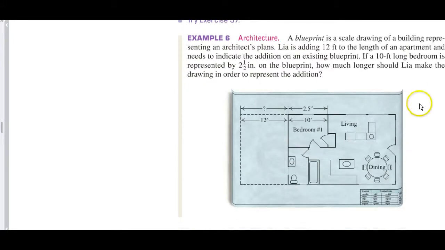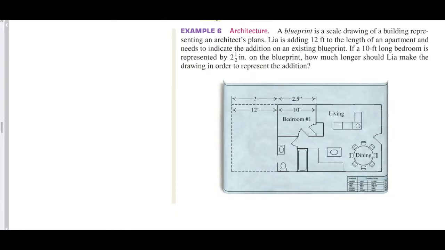So here we're dealing with an architect and a blueprint. It's a scale drawing of a building. And I have to reduce this a little bit in size. There we go. So let's study this, and again you're going to have to read it, look at the diagram, and I have to do it too.